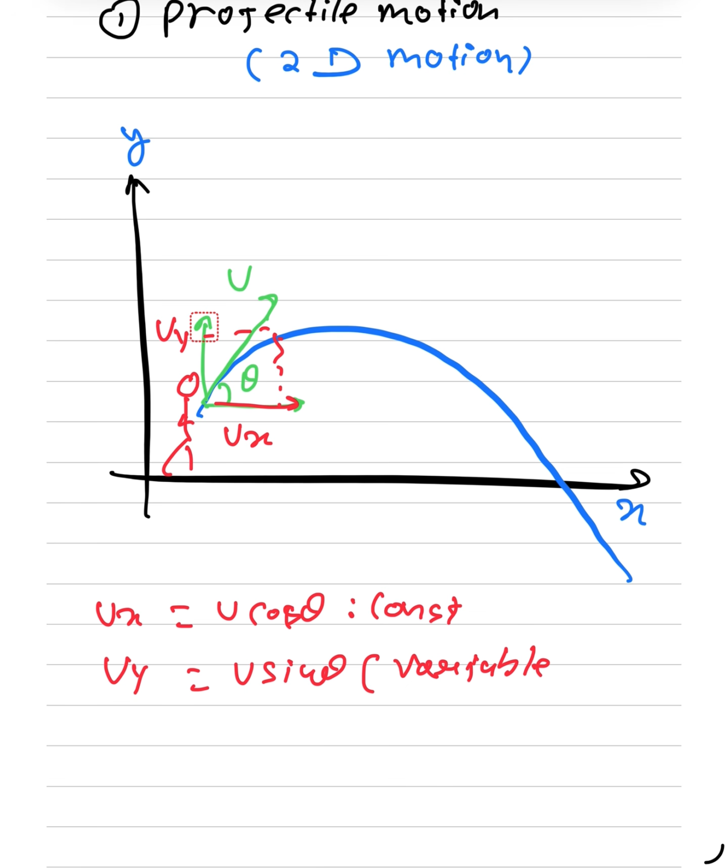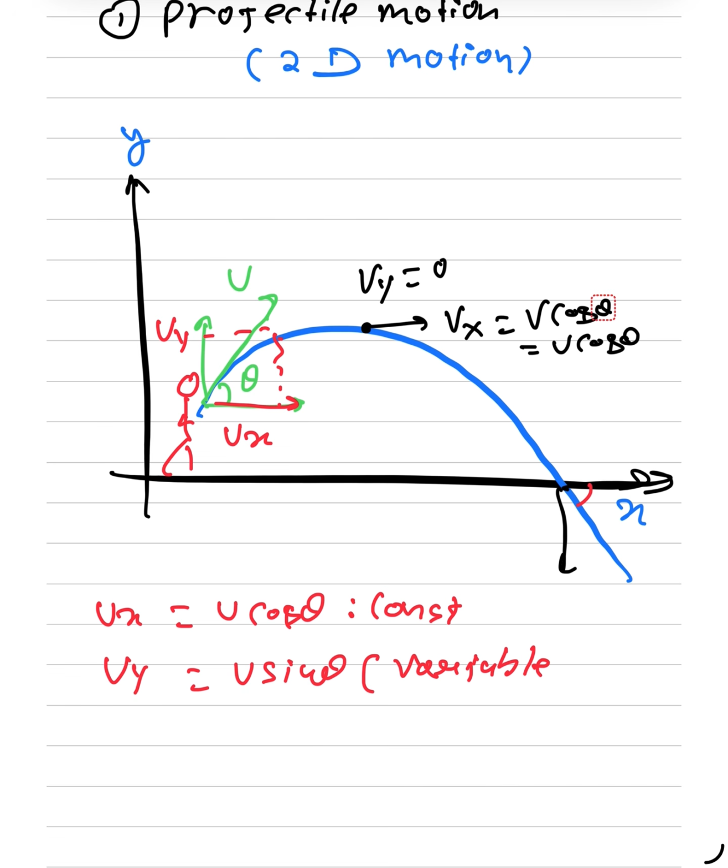The horizontal component of the projectile velocity always remains constant, but the vertical component continuously changes with time, and at the peak point the vertical component of the projectile velocity is 0 and only the horizontal component remains, Vx equal to V cos theta or u cos theta.